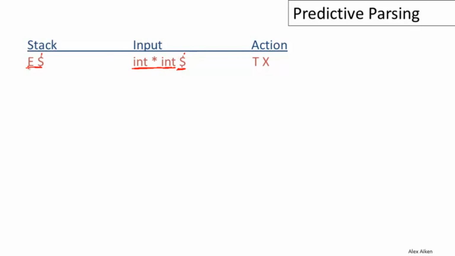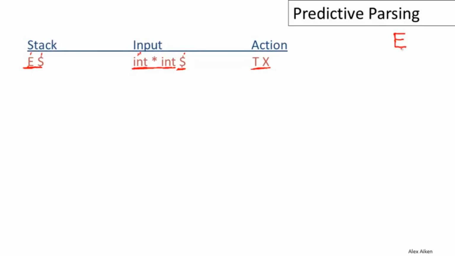And so now, if you look up the E, int entry, so the leftmost non-terminal in our parse and the next terminal in the input, you will see that the action we're supposed to take is to use the production E goes to TX. And let me over here at the same time construct our parse tree.